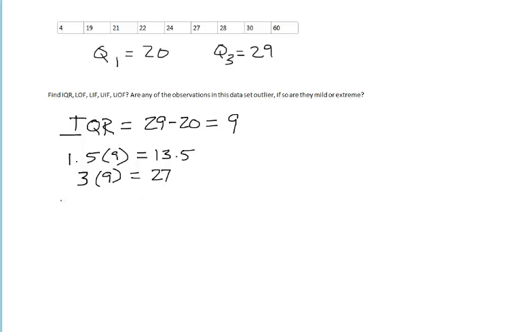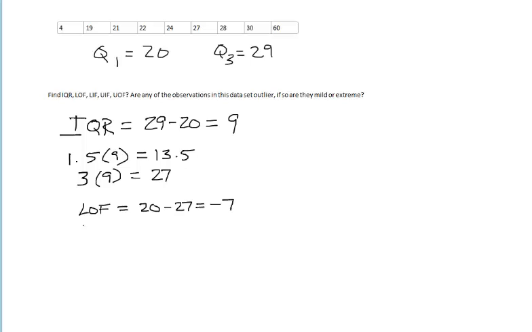So now I can use all the formulas. So the lower outer fence is equal to Q1, which was 20, minus 3 times IQR, which we found was 27. So that's equal to negative 7.